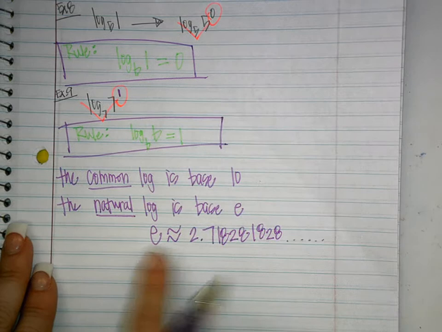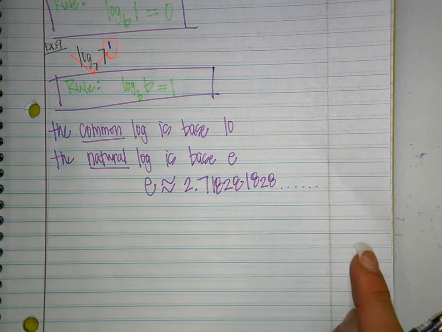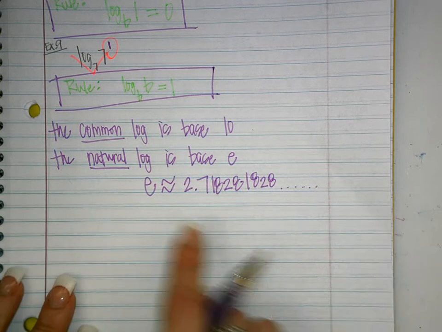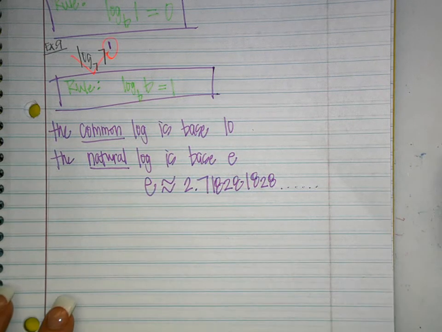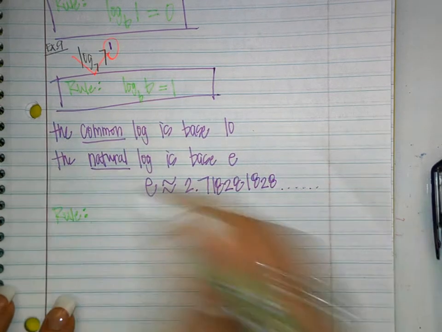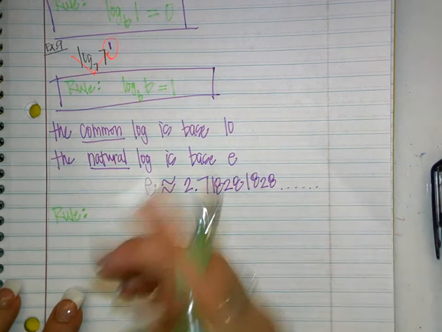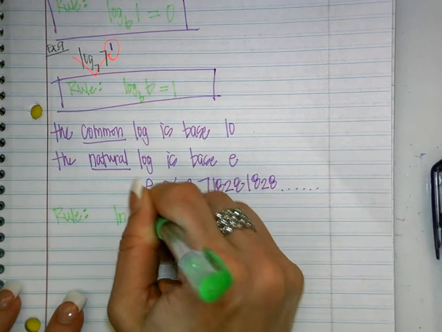This is not something I want you to memorize. Okay, I don't want you to memorize the value for e. It's not like memorizing pi and saying like 3.14 and keep going. Okay, don't memorize this. Just know that the natural log is used in business. Okay, and you need to know that there is a rule, and we will use natural logs. Okay, natural logs are written as ln. Okay, ln y equals x.